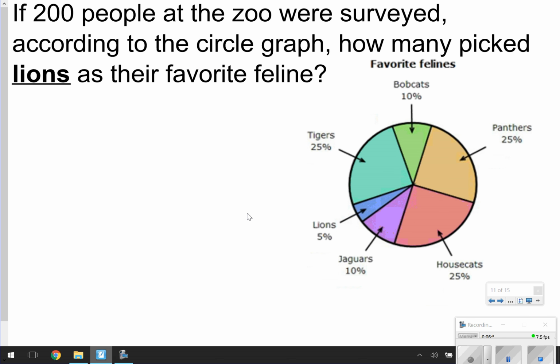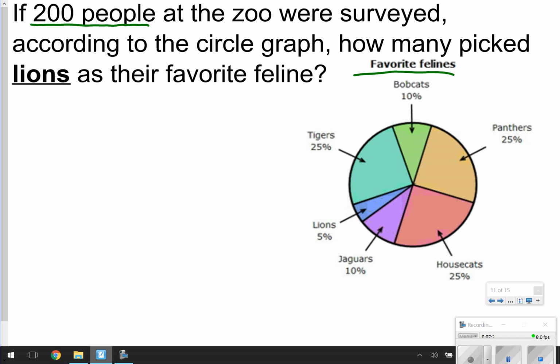Here's one more example I'm going to show you, and then the next slide you're going to try. This one is where you're actually given the total amount of people at the zoo, but you have to look at the circle graph to figure out your percentage. It says if 200 people at the zoo were surveyed, according to the circle graph, how many picked lions as their favorite feline?